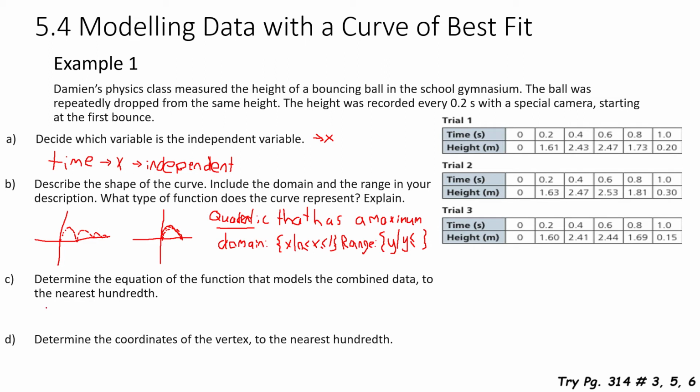Our equation is, so y equals negative 9 point, nearest hundredth is 79. That's our a. And then it's x squared plus our b is 10.01, and then that's x.